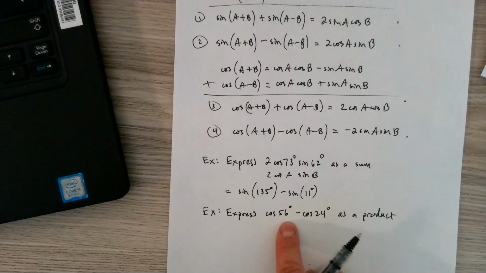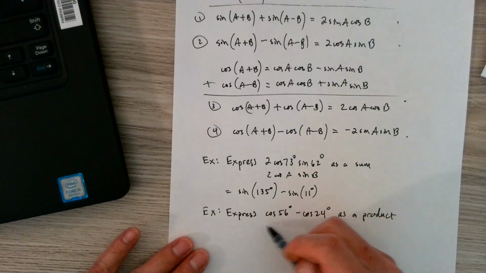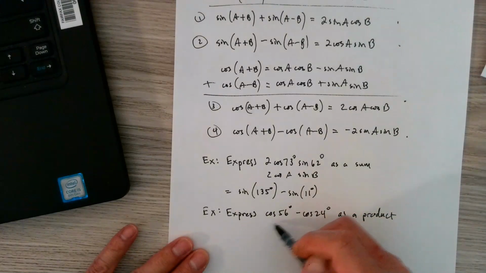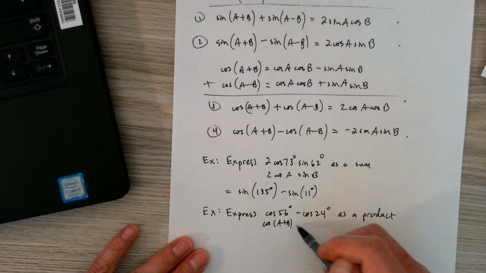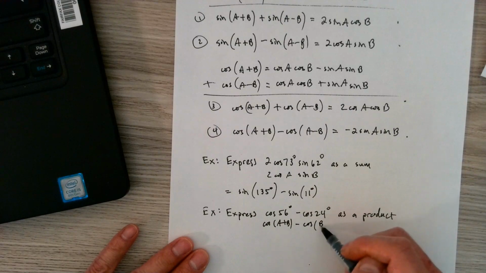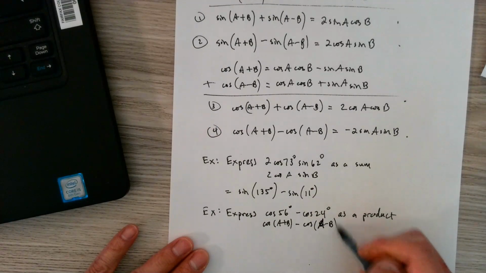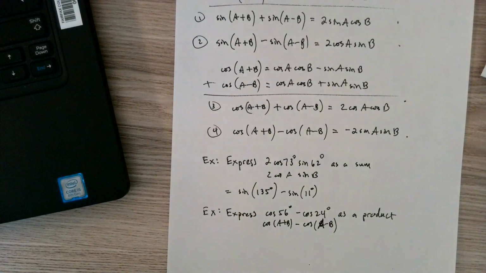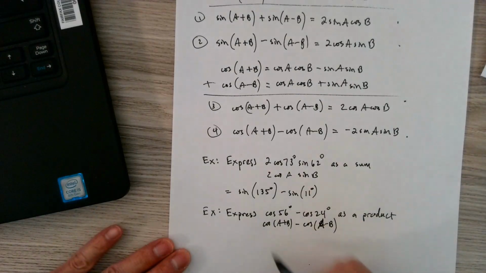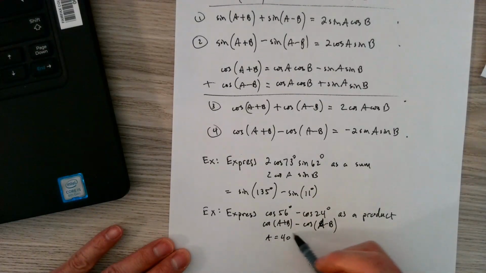Okay, so you need to find what A and B are, because 56 is A plus B, and 24 is A minus B. Okay, so you can do mental math or do a little bit of solving a system of two equations if you like, and find that A is 40 and B is 16.